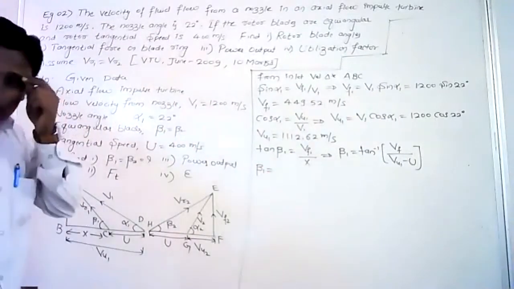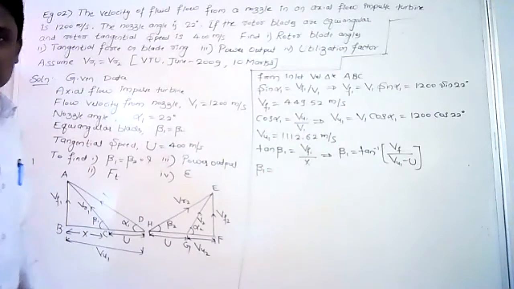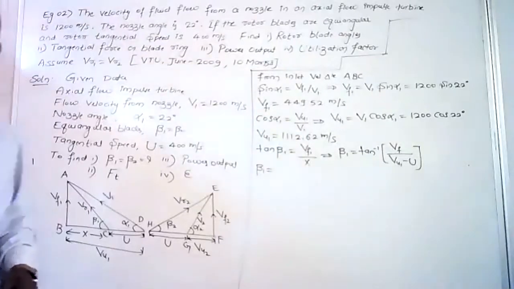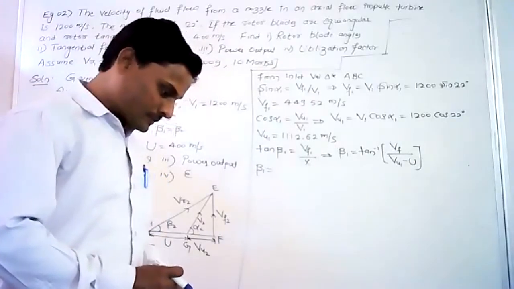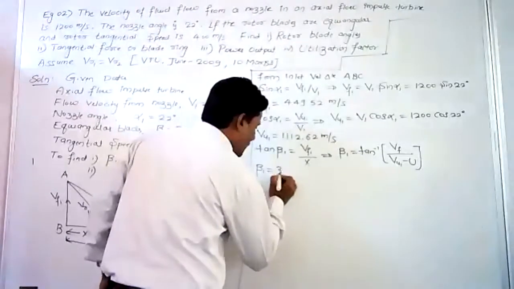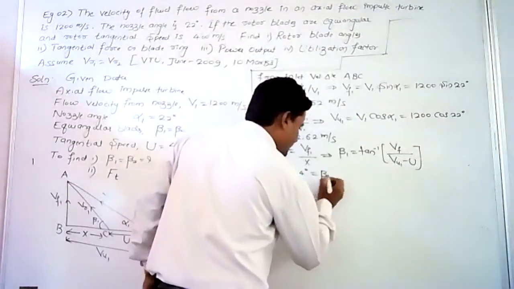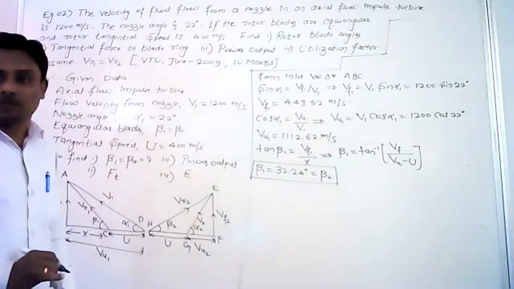Get the value of beta 1 here. Come on, fast. What is the value of beta 1? 32.24 degrees, which again equals beta 2, because beta 1 and beta 2 are both the same since the blades are equiangular.